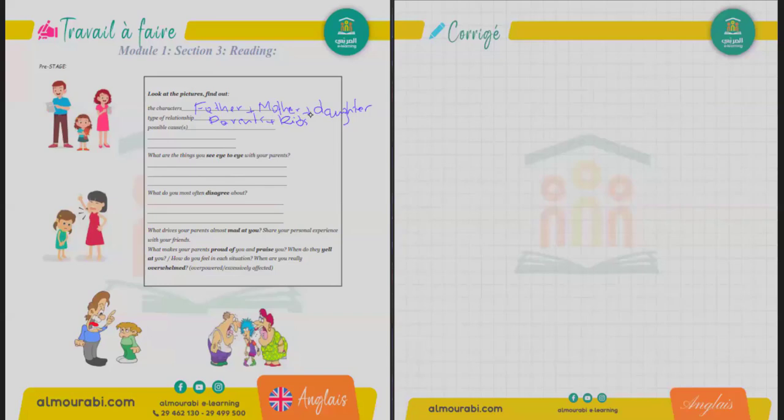Now, if you focus on the picture, we see that each member is hooked on something. What is each member having in his hands? We see the father carrying a phone, and the mom carrying a phone.